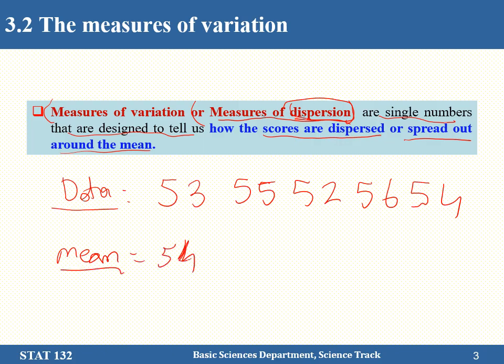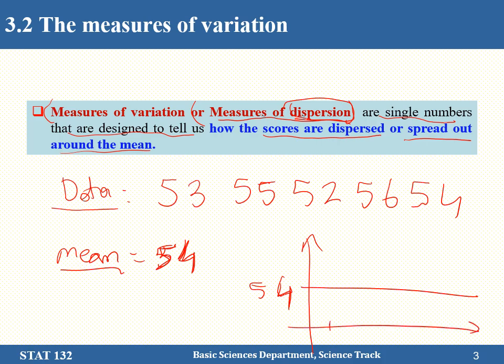And now let's see the spread of the data here. To show this one, I will just mark the mean here. The mean is 54. And then the other data points: let's say this is data 1, 53, so I will put 53 here. This is not a frequency table, but a graph.